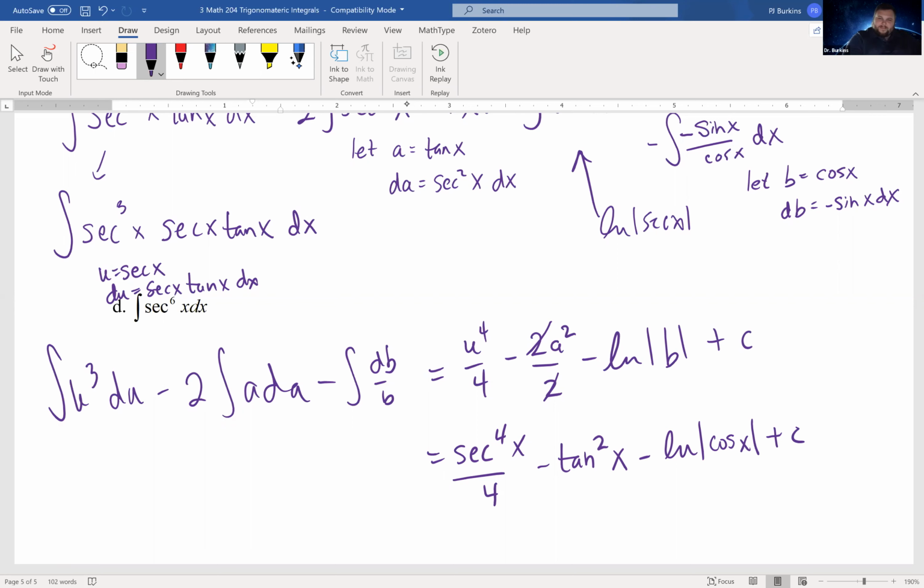So remember I said at the beginning that this integral up here was going to equal natural log of secant. Remember a rule of cosine, say if I take this minus sign right here, I can pull it up as a power on the inside. What is cosine of x to the -1 power? Secant. It's equal to secant, right?